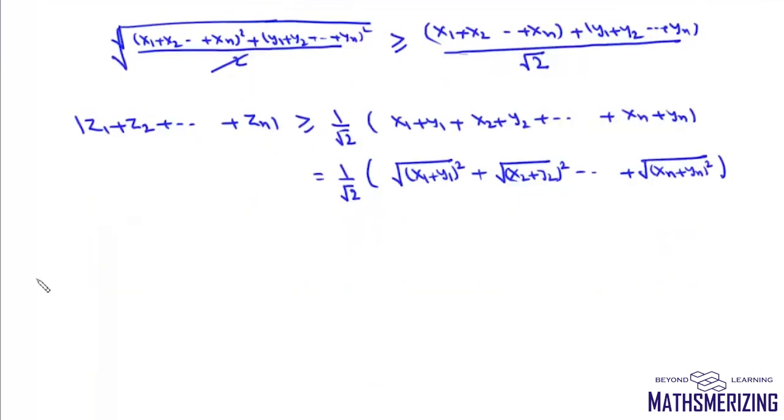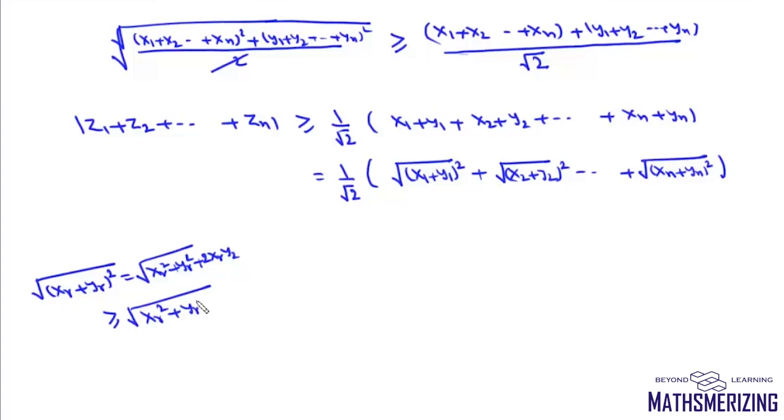Now we know that under root of xr plus yr whole square, it will be equal to under root of xr square plus yr square plus 2 xr yr, and will be greater than equal to under root of xr square plus yr square.